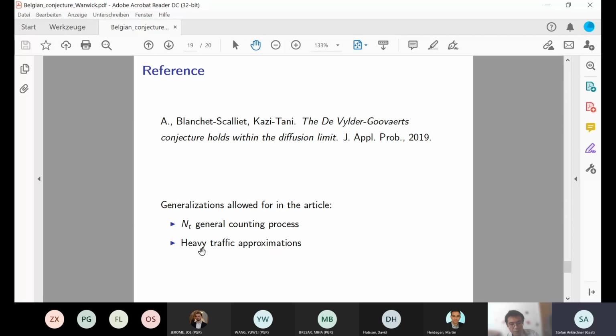You let the safety loading converge to zero, and at the same time you scale time with 1 divided by the safety loading and space with the safety loading. And then you obtain, in the classical case, a Brownian motion with drift. And in the modified equation, you obtain again some analytically tractable process, and again you can confirm the conjecture within the diffusion limits.